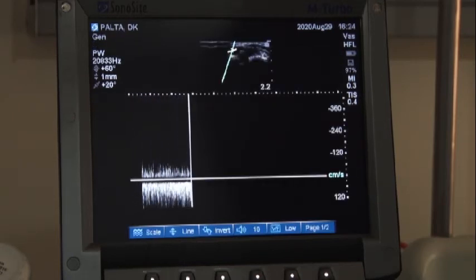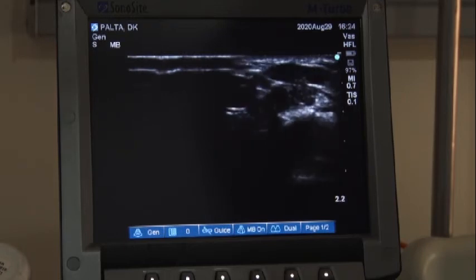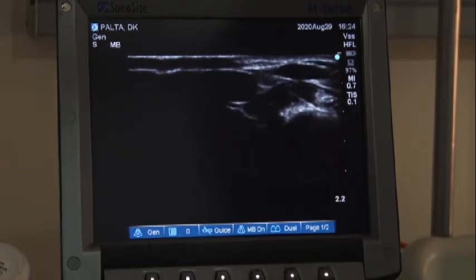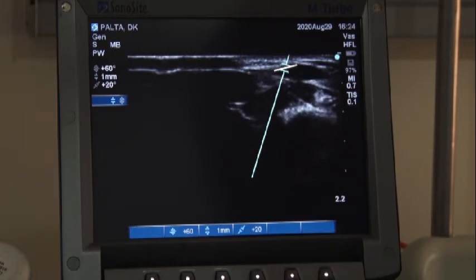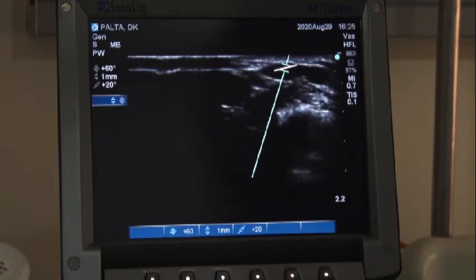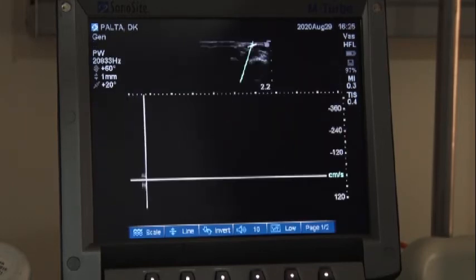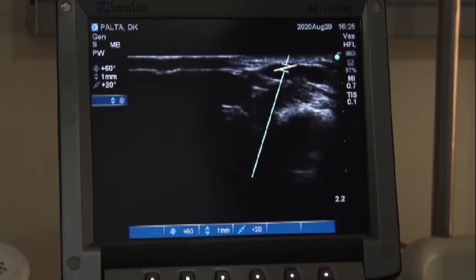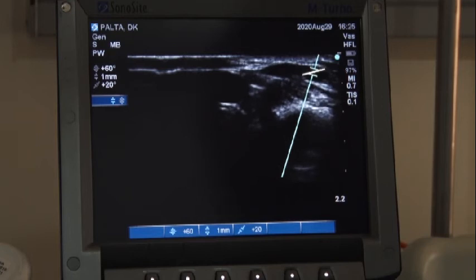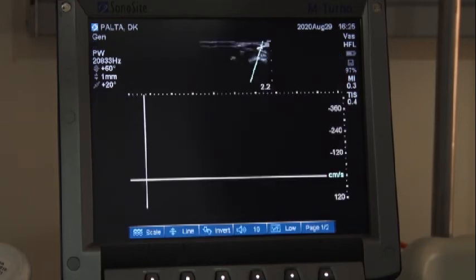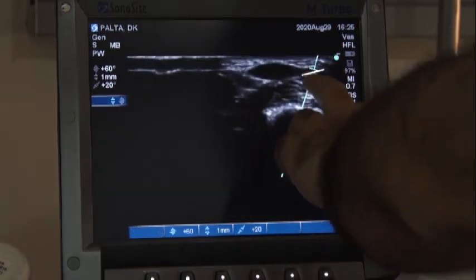See, this is one vein, this is another vein, and this one is the third vein with minimal flow.